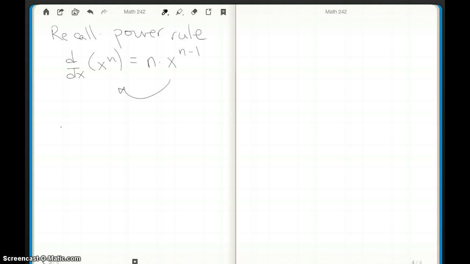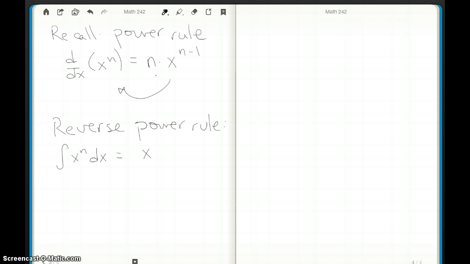So how would I write that as a rule, right? So let's write a rule. So let's reverse the power rule. And if I'm going to reverse it, remember that means I'm going to be doing an antiderivative. So I can use the integral notation for that. So if I want to find the antiderivative of some power of x, and x is the variable, remember that's what that's for, then I can start out with what I have, that x to the n, and now I need to reverse what I did.